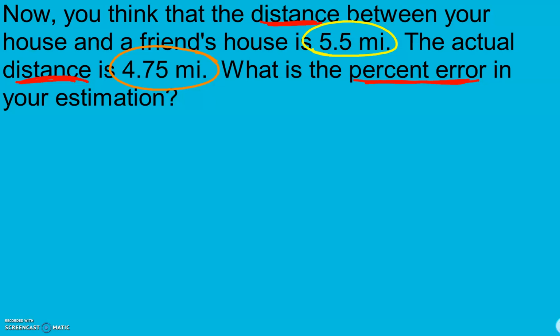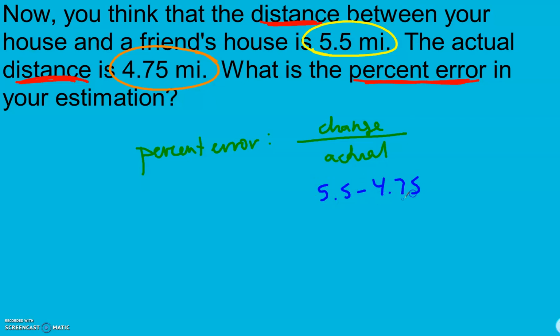So to find our percent error, we take our change divided by actual. Here, that change is going to be 5.5 minus 4.75, bigger minus smaller. And we divide by actual, which is actually 4.75 miles.